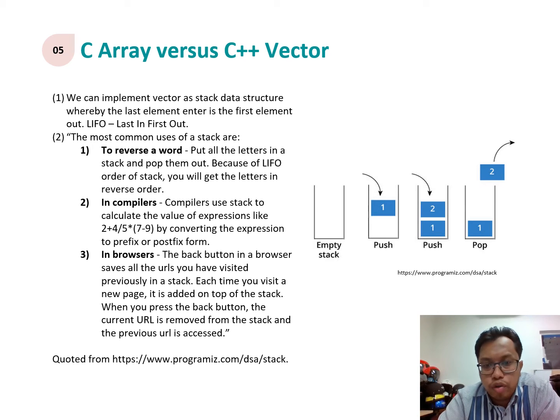You use another push function, now it goes on top of the previous value. So now it's the first value, now it's the second value. Whereas when you use the pop function, you delete the last value, which is number 2. So it just remains with the value number 1 here.